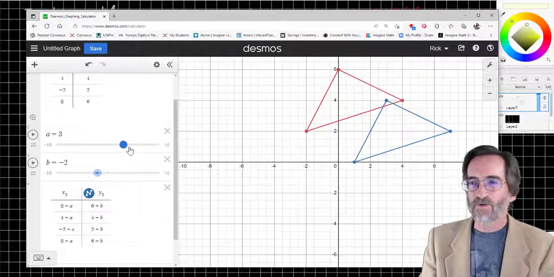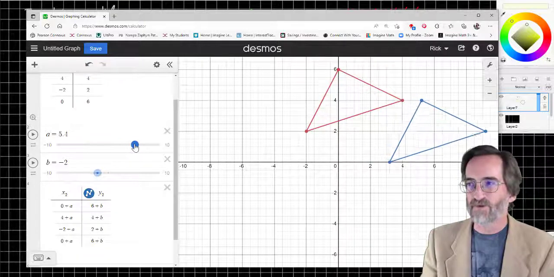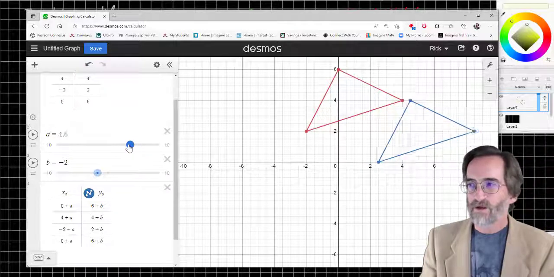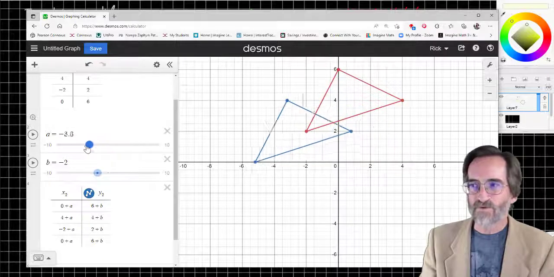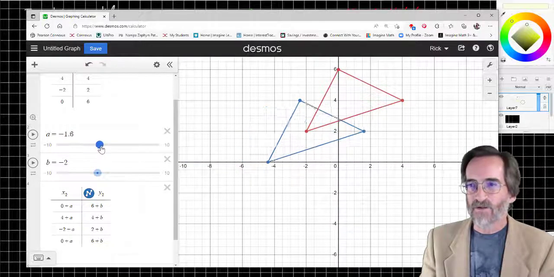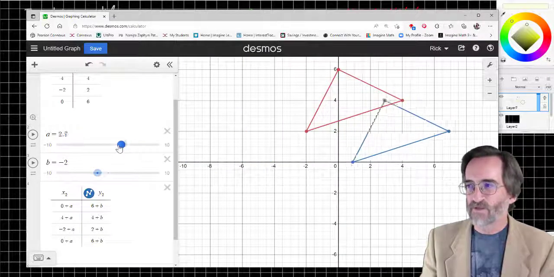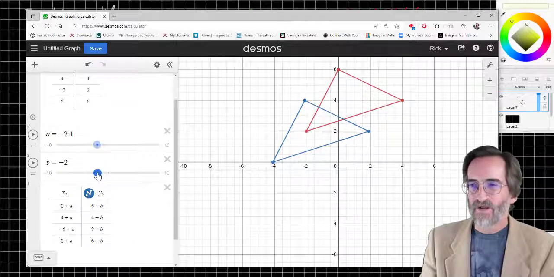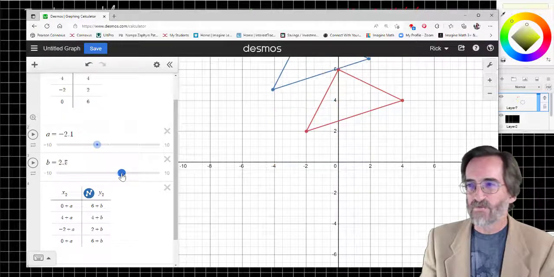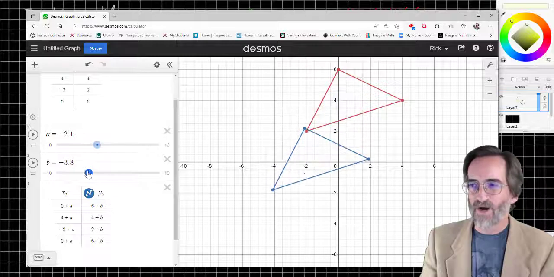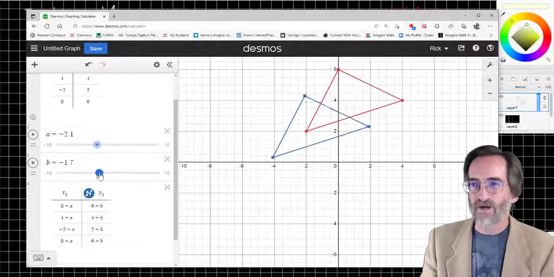Now what's really cool about Desmos is I can change those values. As a gets bigger, it moves further to the right. As a gets smaller, it moves further to the left. So I can literally toggle this thing and move it left and right. If I toggle b, because b was added to the y-coordinates, it moves it up and down.